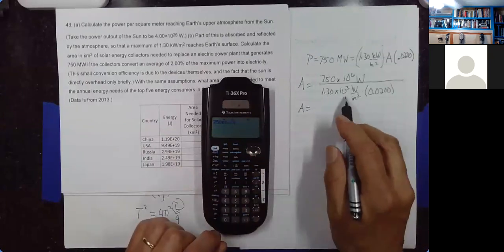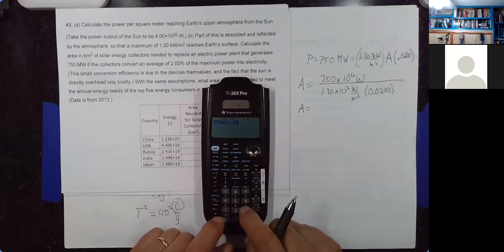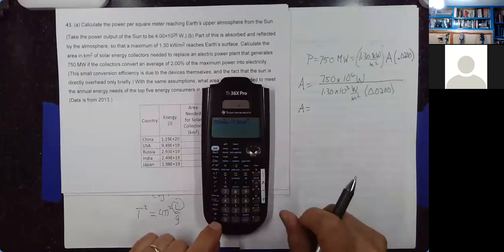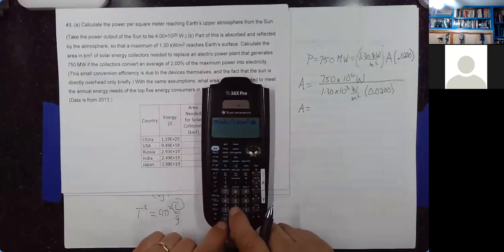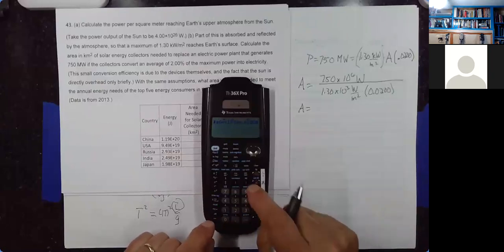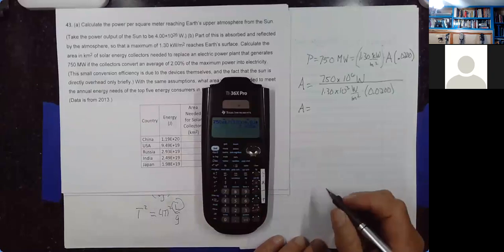That's just 1300, rather than using scientific notation, and I'm going to multiply by 0.0200. I'll figure out the area.